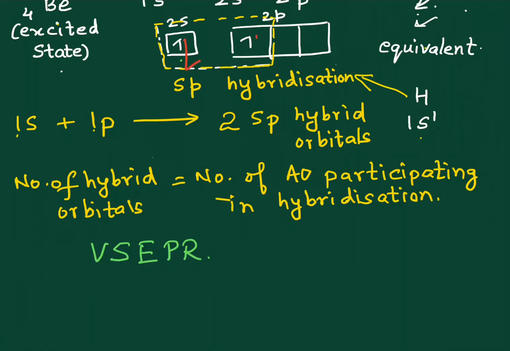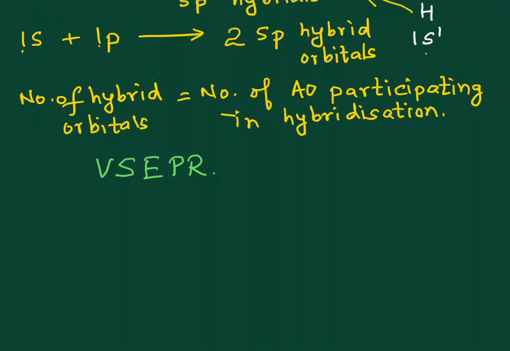So one overlap and second overlap, right? The sp hybrid orbitals. Come on, try, think, when will they be at maximum distance apart from each other? If you've done the VSEPR theory, you will be able to answer this question. Very good. They will be linear.